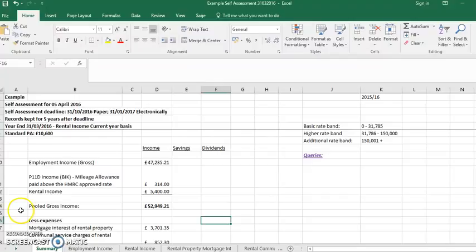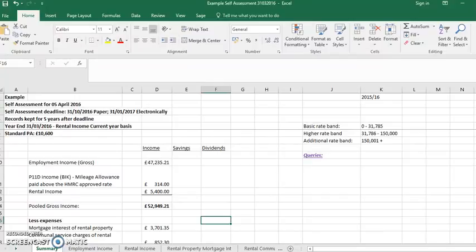So just running through, the basis of me completing any self-assessment for a client is to gather all information on income streams available to that client. Should that be through employment, rental income, self-employment, dividends or savings.